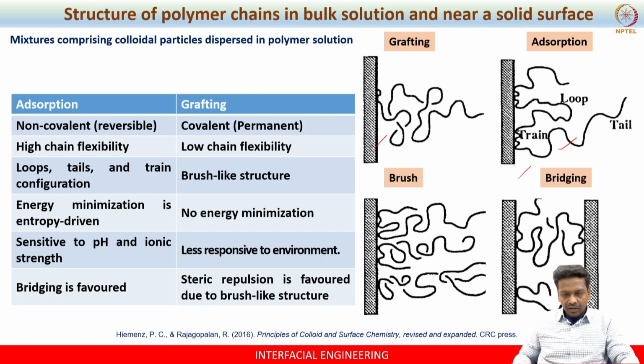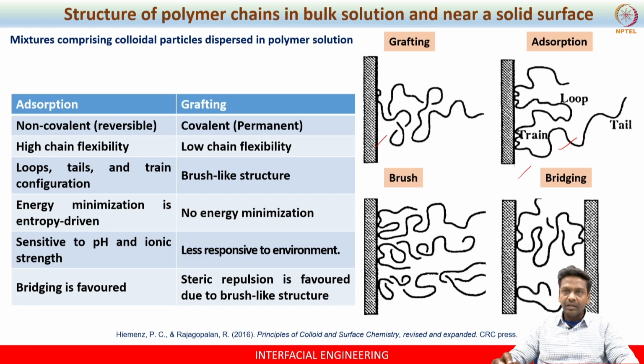Here let us look at the difference between grafting and adsorption. Grafting is due to covalent bonding, which is permanent. Adsorption is due to non-covalent interaction, or you can say physical interaction.